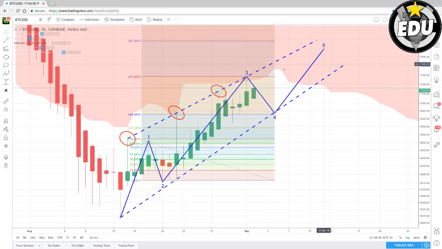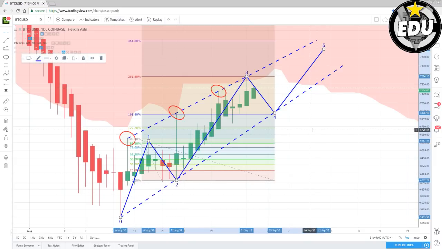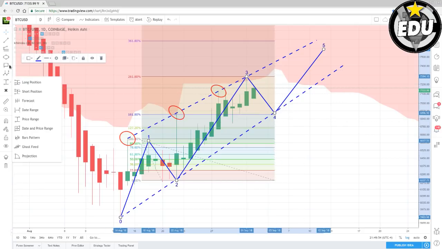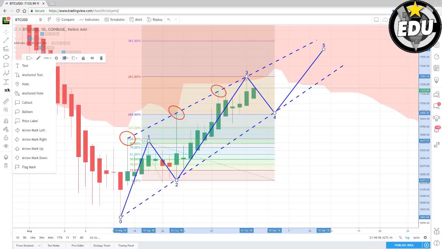Let's remember, I can adjust these two here too if I want. We are on a rising wedge, and I don't know when it will break, if it will break, but for sure we need to be careful on those levels here. Where is it?